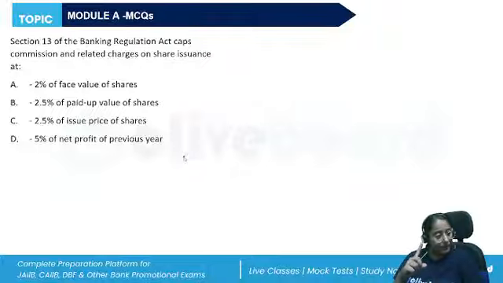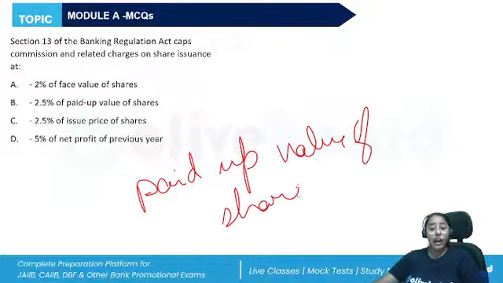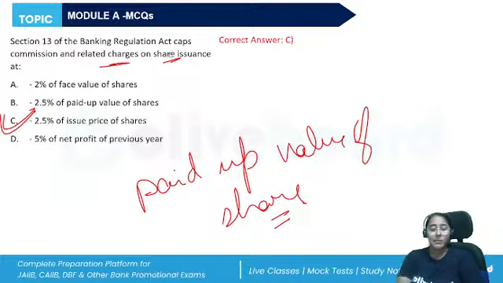All right. Prior to the amendment that was made in 2013, the payment was linked to the paid up value of the shares. But now it is restricted to 2.5% of the issue price of the shares. Very important question. It has been asked in the previous exam cycles as well. So earlier the norm was 2.5% of the paid up value of shares, but now it is 2.5% of the issue price of shares.